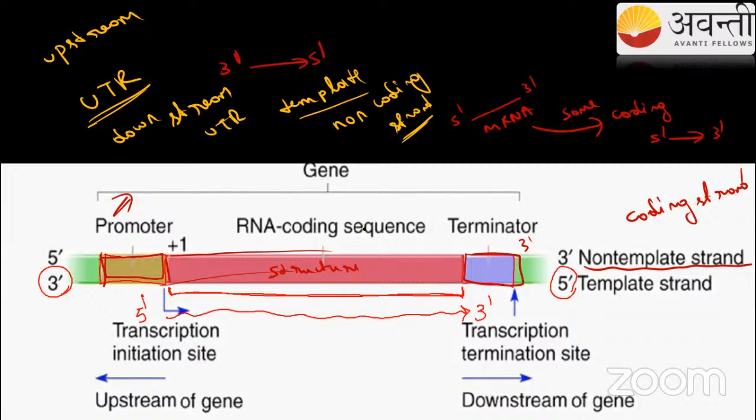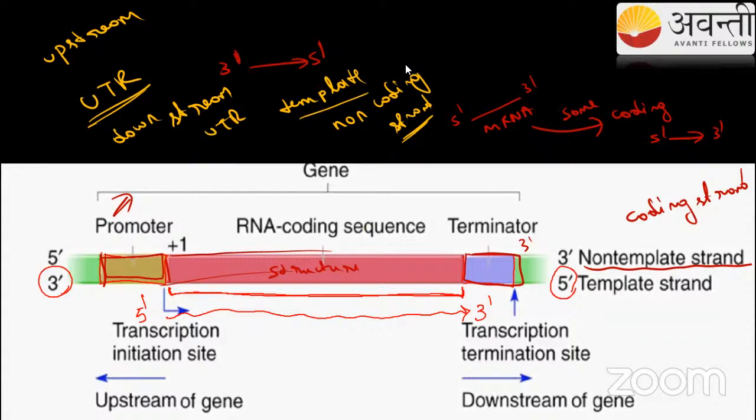In one of the NEET exams, they asked whether the UTR is present only at the 5' end, that is, after the promoter. Is the UTR present after the promoter or before the promoter? Tell me in the chat box.